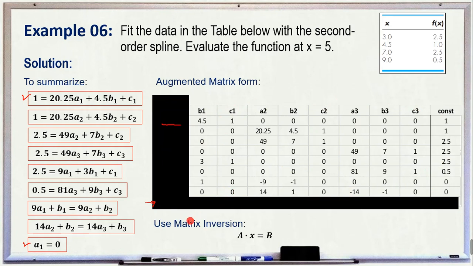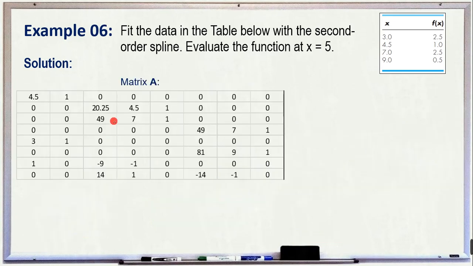Now, we are going to use the second method, that is the matrix inversion. For the matrix inversion, if we have matrix A that contains some constants times a column vector matrix X that contains the variables is equal to a column matrix that contains the constants, B, then solving for X, you will have the product of the inverse of A and the column matrix B. Now, the next step is we're going to get the matrices A, X, and B. So this is our matrix A. Matrix A is the collection of the coefficients from B1 up to C3.